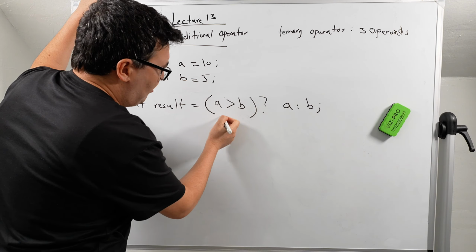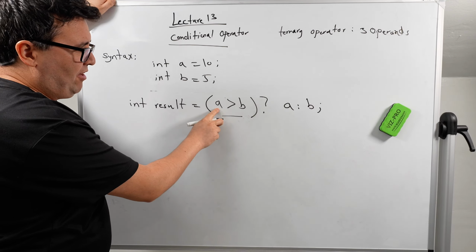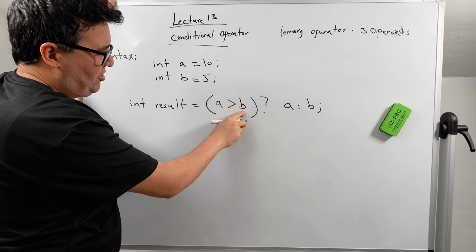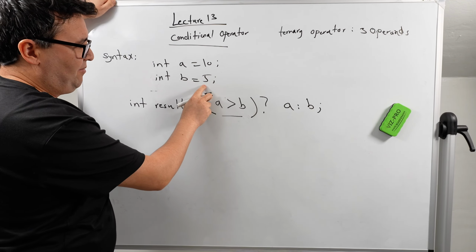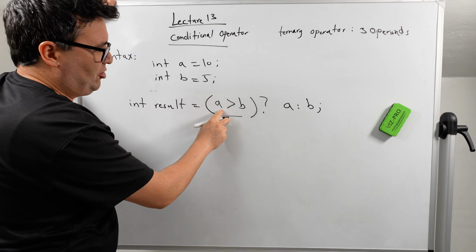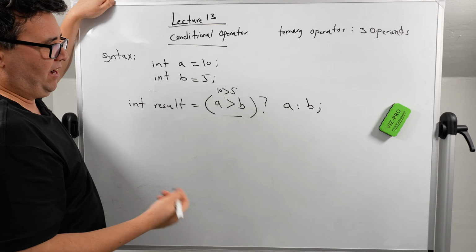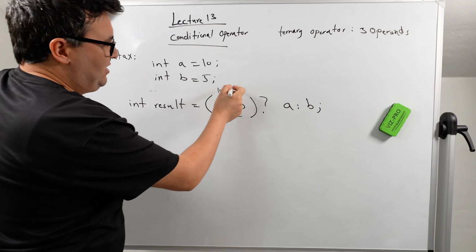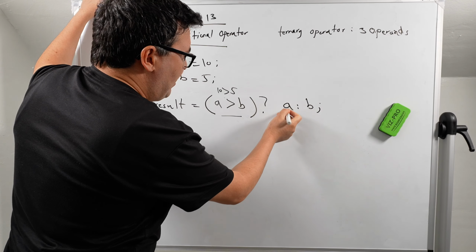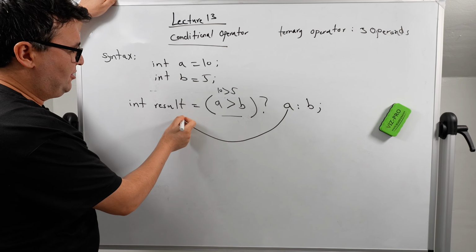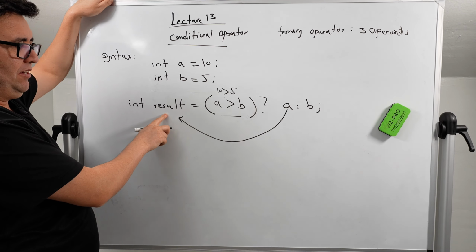Here we check the condition. Is a larger than b? a is 10 and b is 5. So 10 is larger than 5, yes? So the result is true, and the value of a will be stored inside the variable result.